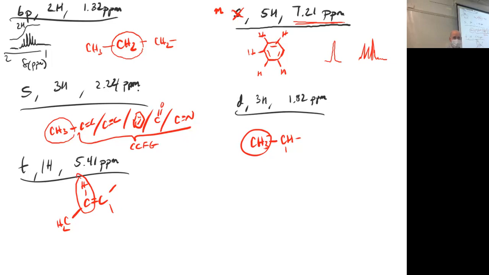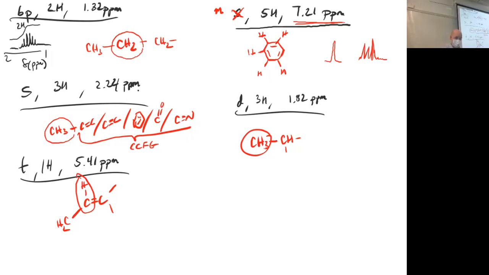Being 2 doors down from a carbon containing functional group shifts you up by a little bit, and this is arguably a little bit higher than it should be, so that also seems reasonable. It could also be 2 doors down from 2 carbon containing functional groups. I don't really know. But it's definitely 2 doors down from something.